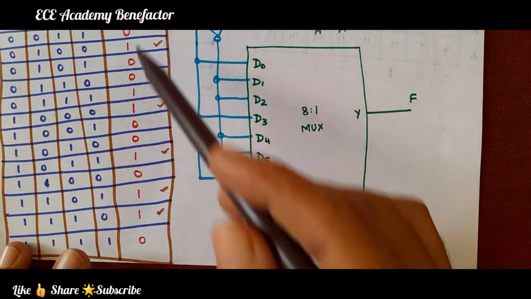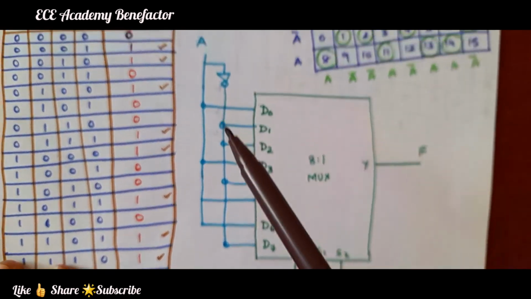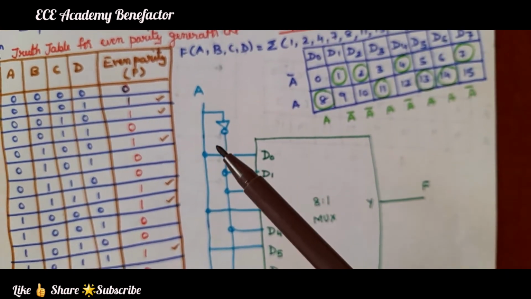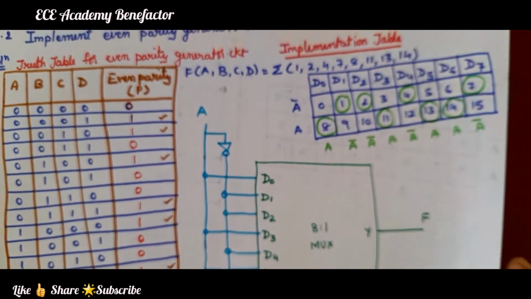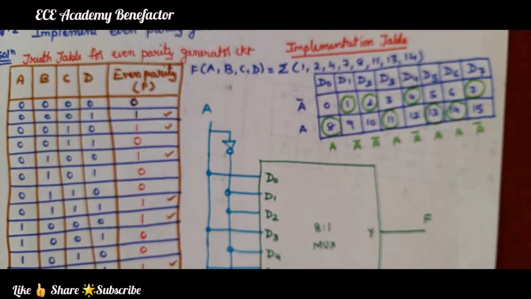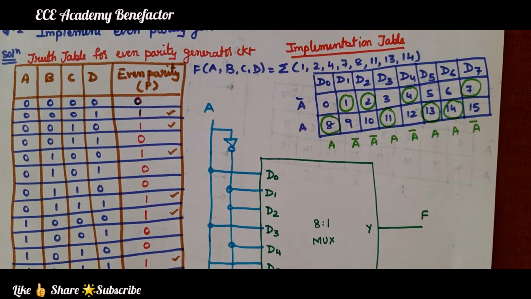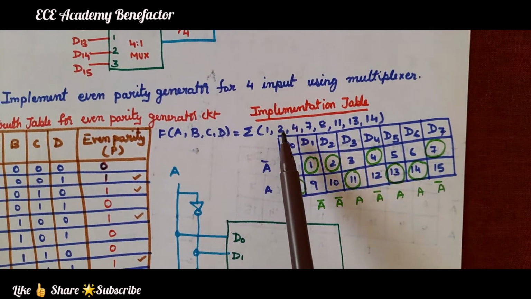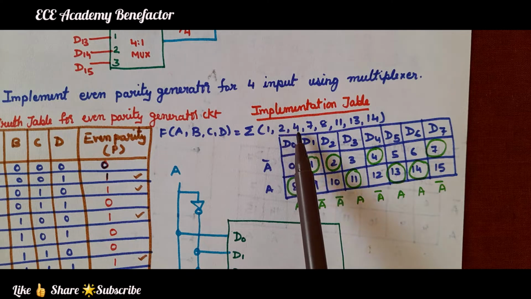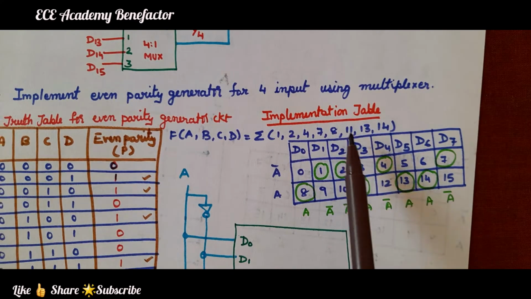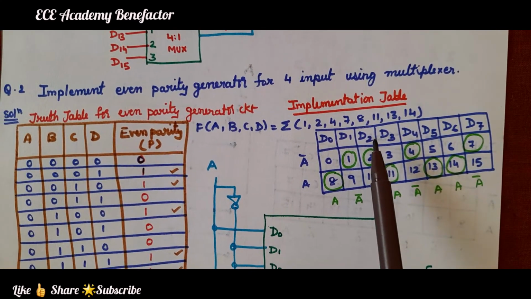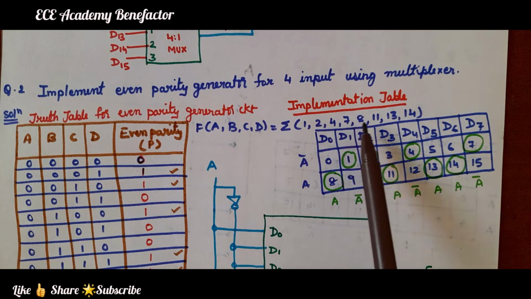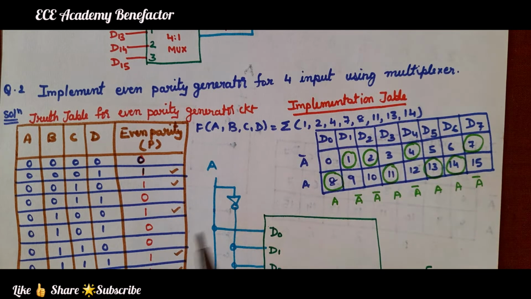So in this output column we find that these minterms are having ones. At these places the output is 1.